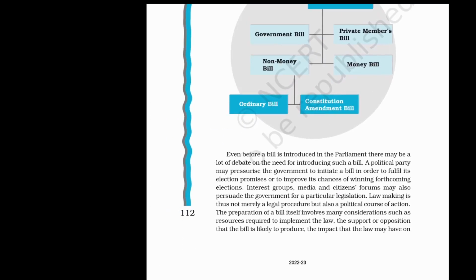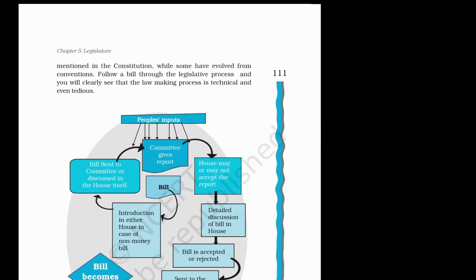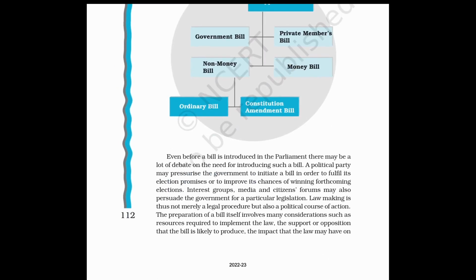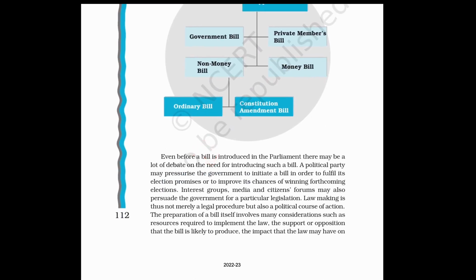Now, before we see how this process happens, understand the things before it, like the prerequisites. For example, even before a bill is introduced in the parliament, there will be certain debates and discussions about whether you actually need to introduce a bill or not.